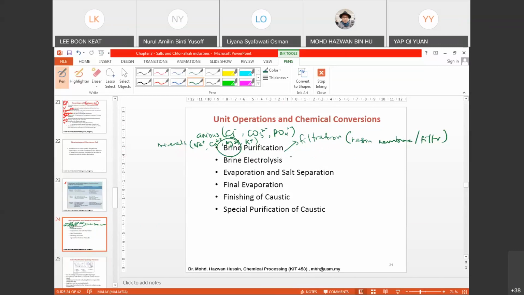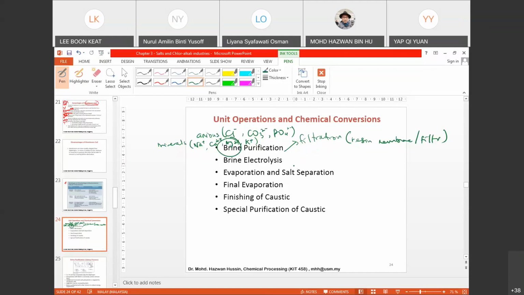So some filtration is also equipped for that. You also sometimes have dissolved gas in your brine solution. Then the use of a suitable filter is necessary to purify your brine solution.